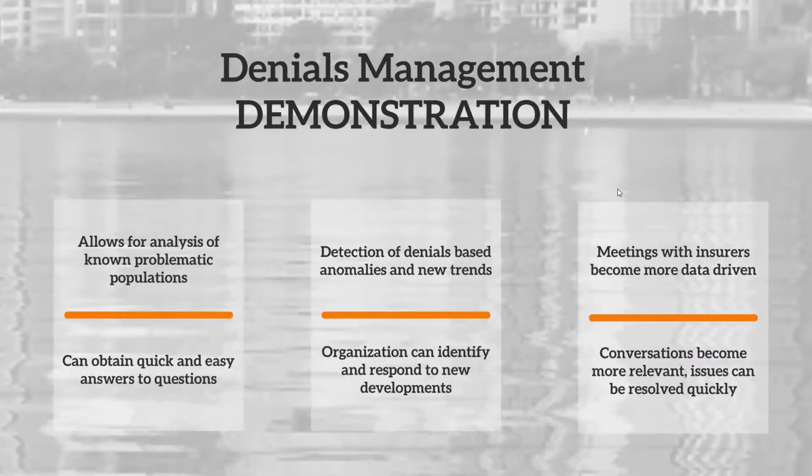When we go into the demonstration, some of the use cases we found for the tool that we made, which I'll bring up in just a second, is that it allows for the analysis of problematic claims populations. If you know exactly what you want to look into, you can do that with the tool. But it also allows you to detect anomalies related to the denials and understand, hey, there might be a new denial reason you have to attend to.